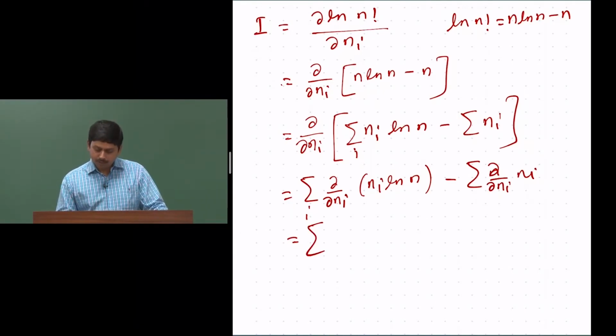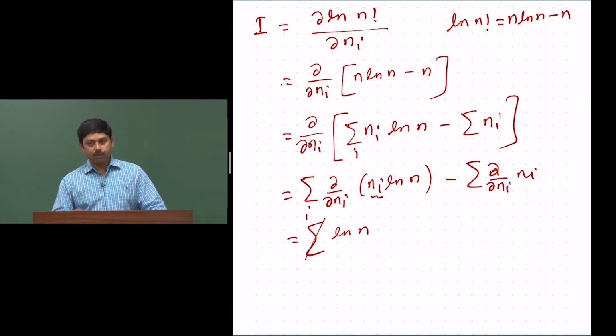So, the first term will be ln n, and as you see, the sum will go away because only one of the terms will survive, only one of the ni will survive. You can think of it as differentiating with respect to n1, and this is a sum of n1 plus n2 plus n3, so only one term will survive and you are going to get only 1.